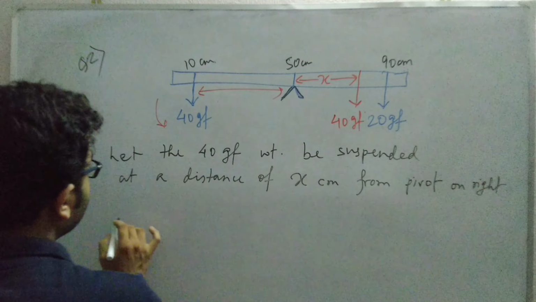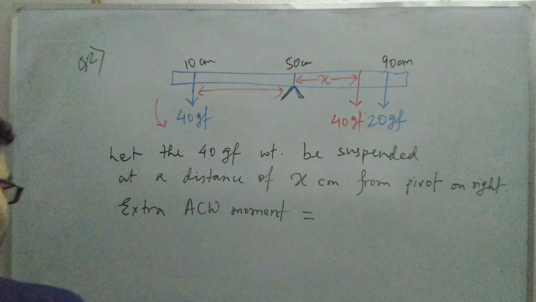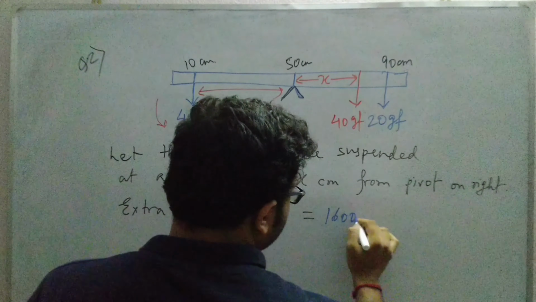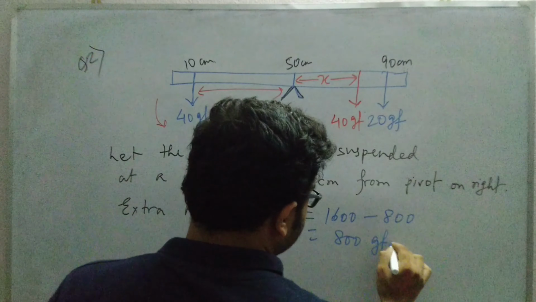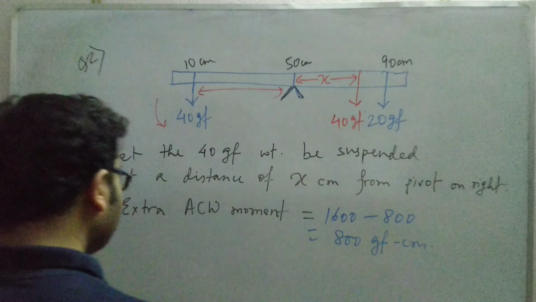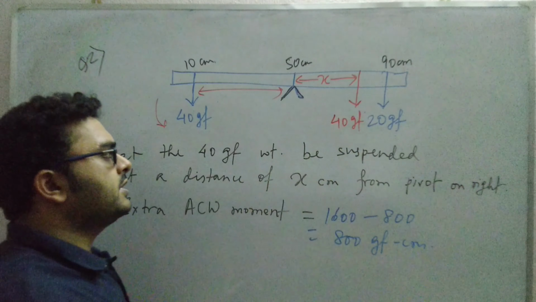So what is the extra anti-clockwise moment? As you can see from the calculation, it will be 1600 minus 800, so it turns out to be 800 GF centimeter. Now we have to balance this 800 GF centimeter using this 40 GF weight.